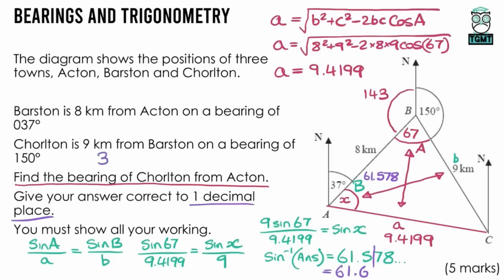So 37 plus the 61.6, that gives us a total of 98.6 degrees. Now we want to write that as a bearing as well. So the third digit needs to be before the decimal place. So we have 098, there's our 3 digits, and then we have a 0.6 as well. So there's our final answer, 098.6 degrees, and that is our bearing of Chiltern from Acton.